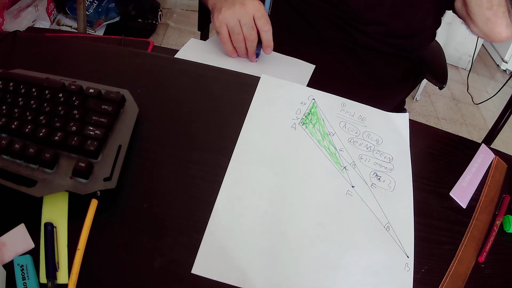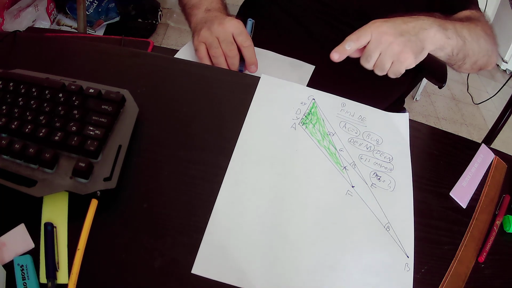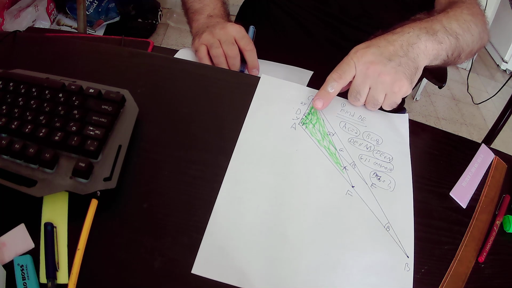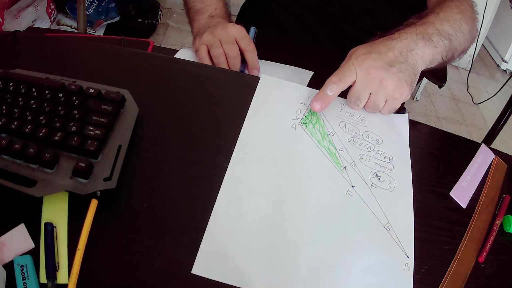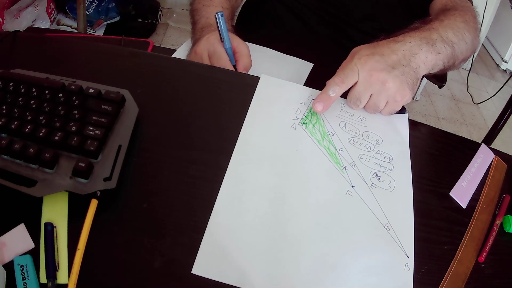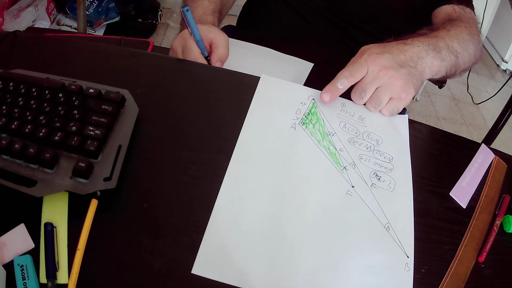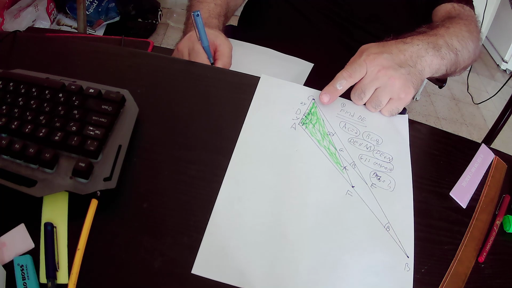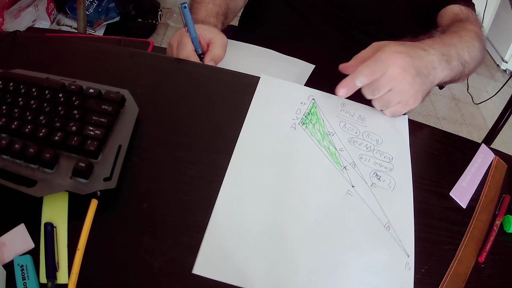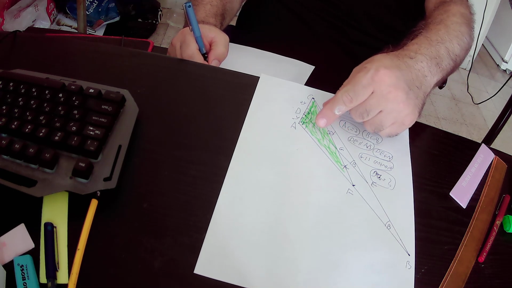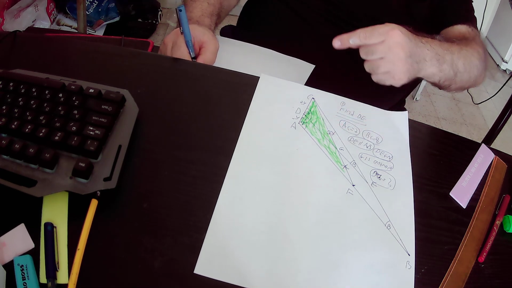So we know that angle CAB is equal to angle CDE, and both those two angles are equal to alpha.